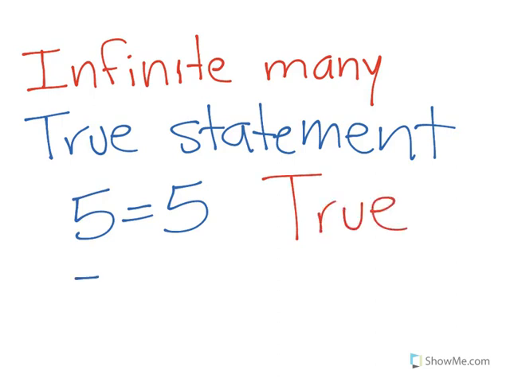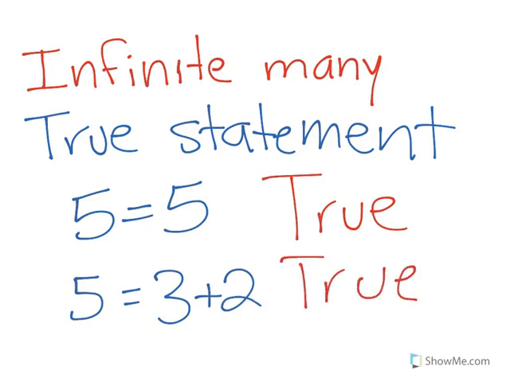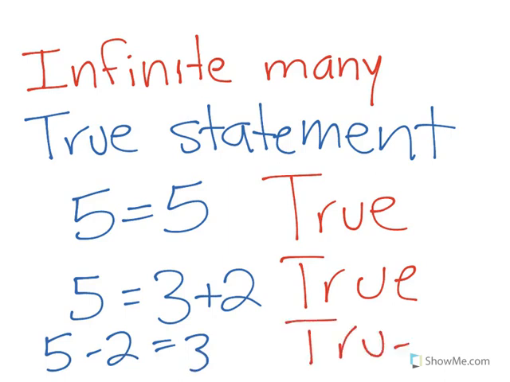If you were to get 5 is equal to 3 plus 2, this is a true statement as well. However, remember that if you were to get 5 minus 2 equals 3, it's exactly the same thing, and this is also a true statement. So any modification of a true statement or a true statement itself is going to represent infinite many solutions when working with substitution.